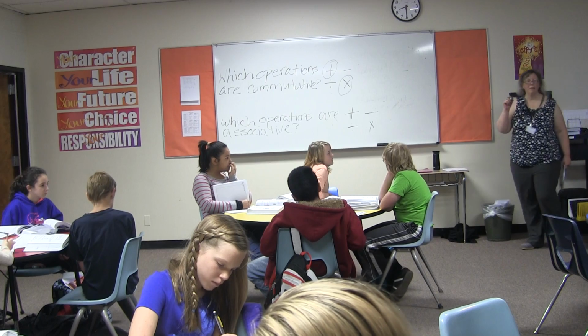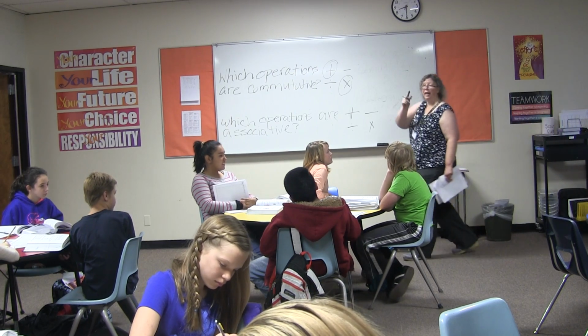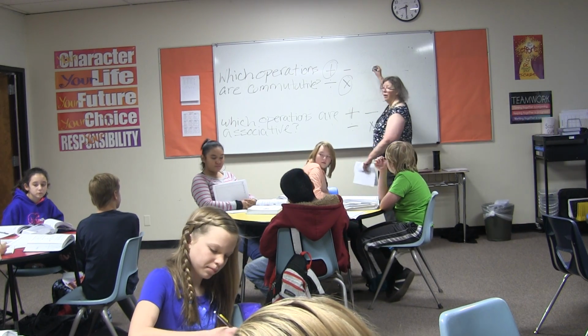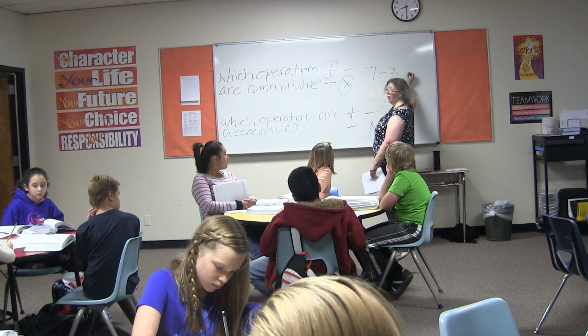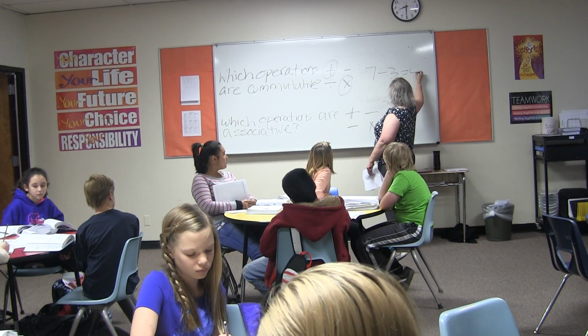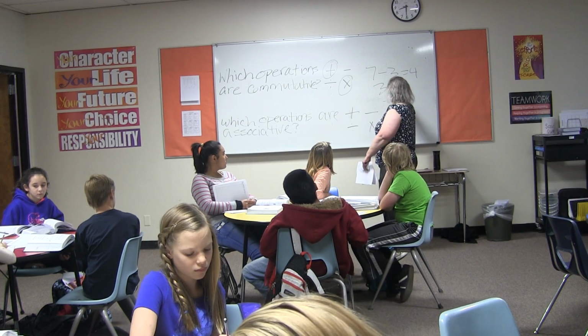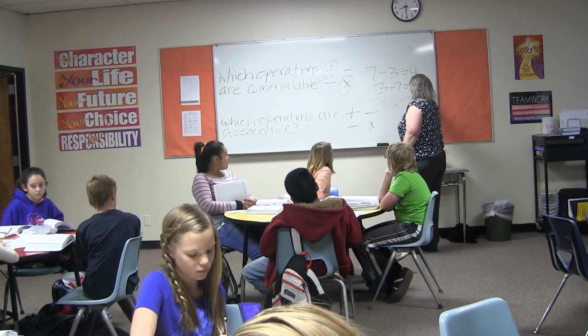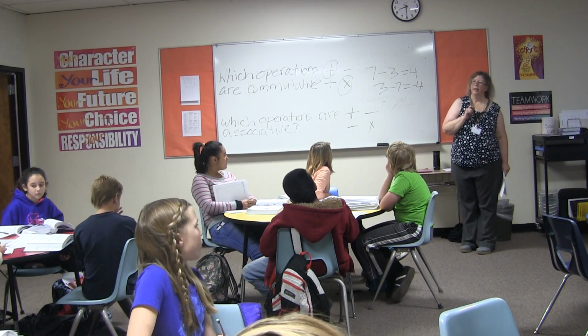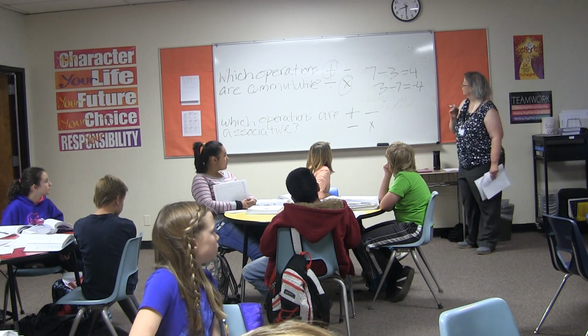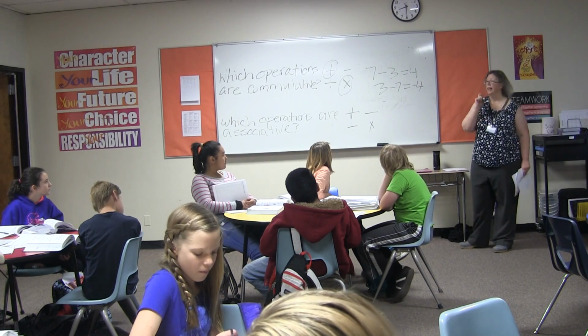Can someone give me an example of not commutative, Kenneth? If you do 7 minus 3, you get 4. But if you do 3 minus 7, you get negative 4. All right, Kenneth is exactly right. But this is where we have a cool little tool here. Remember that you can add a negative.